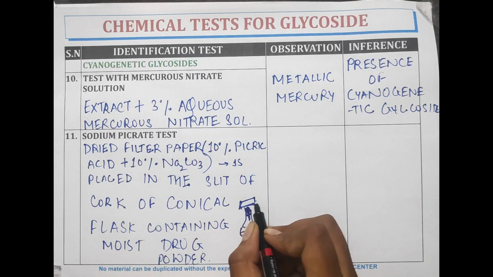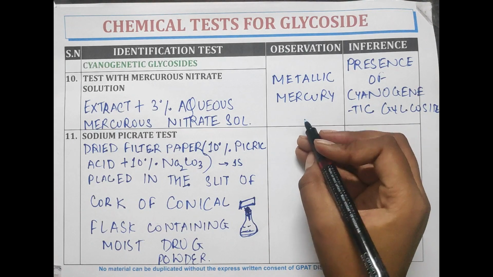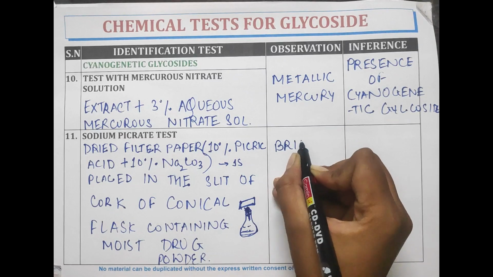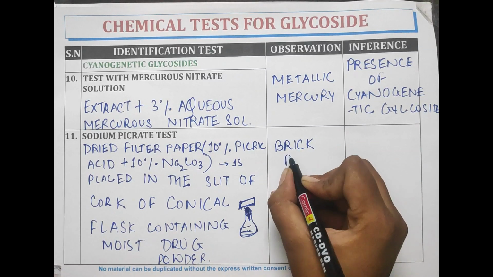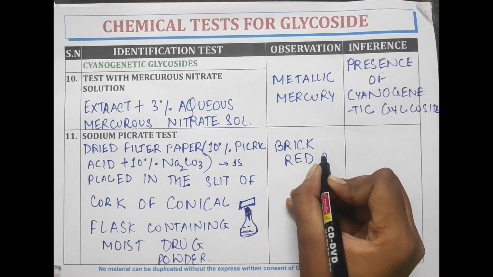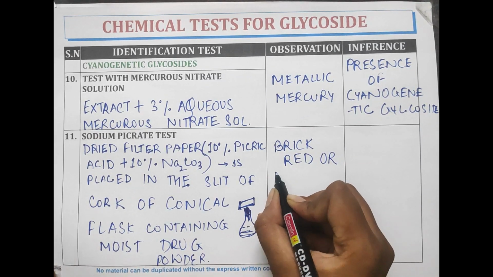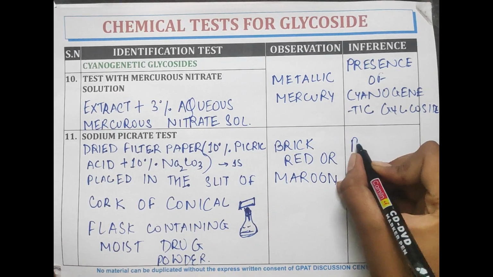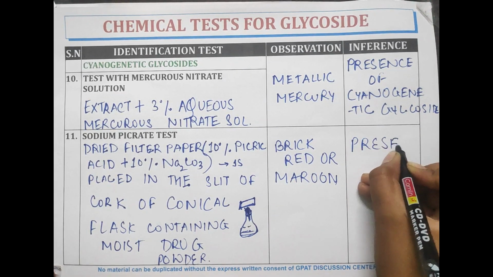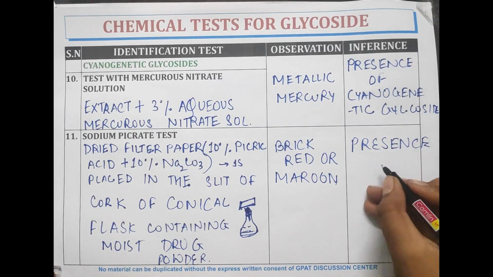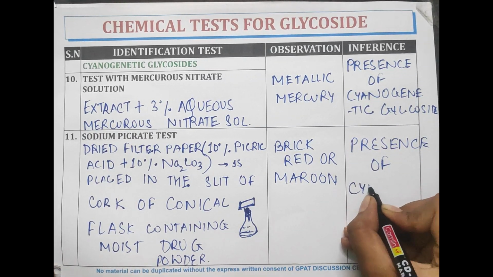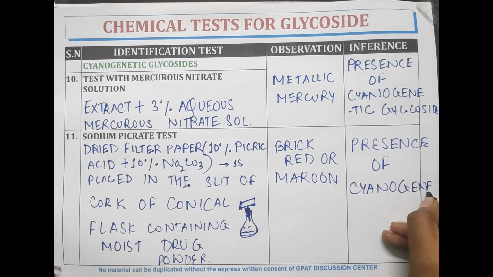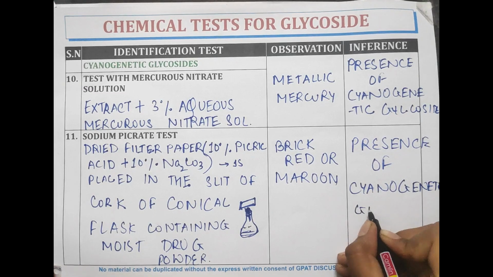Then the filter paper color changes to brick red or maroon color. It indicates presence of cyanogenetic glycoside.